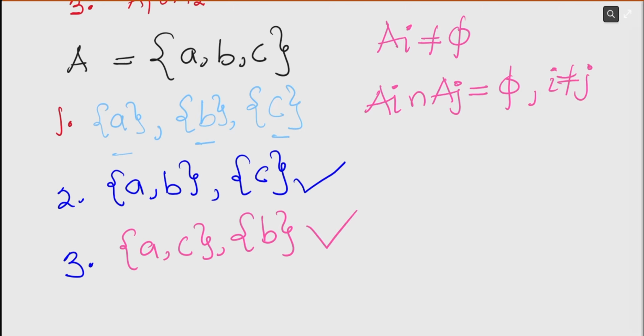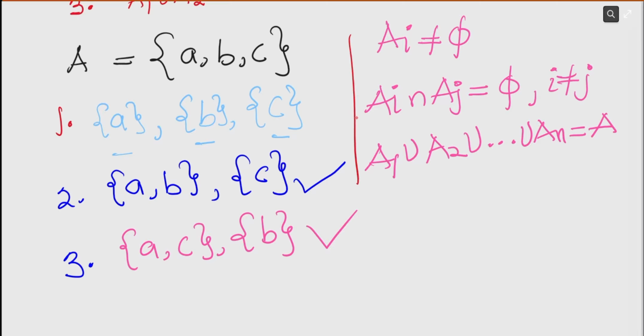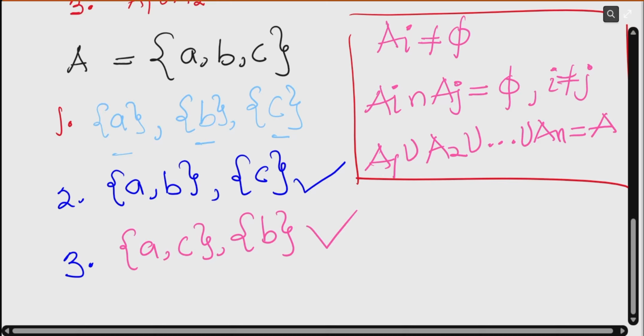And lastly, when we take the union of all of them, we should get the set A. If these three conditions hold, then it means that these are proper partitions.